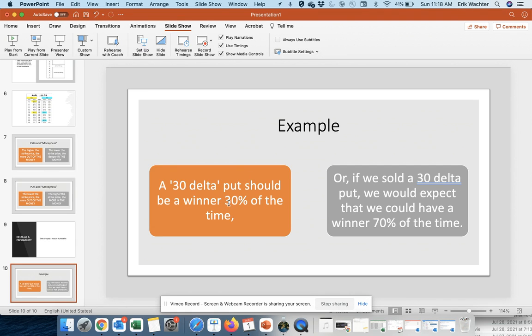It should be a winner about 30% of the time. If we sold a 30 delta put, we would expect a winner 70% of the time, because 30% of the time that put will end up in the money, which means 70% of the time it will end up out of the money and expire worthless. And if you're a seller of options, that's exactly what you want.